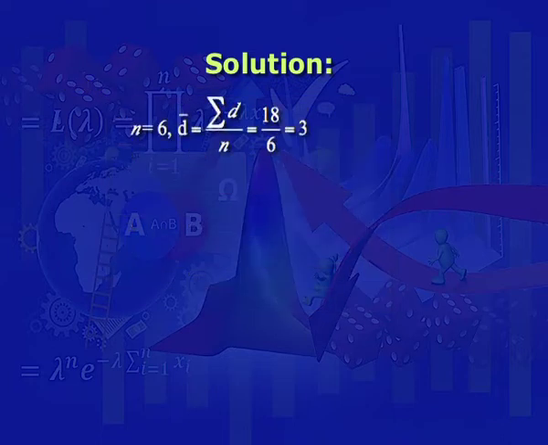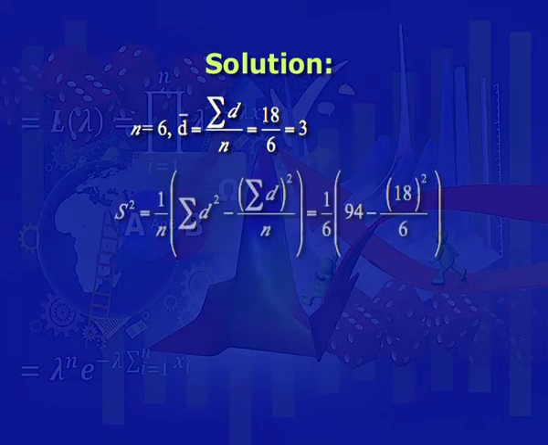Now, from the given data and above table, we find sample size n equal to 6, average value of the difference d bar, which is summation d divided by n, equal to 18 divided by 6, which is equal to 3, s square equal to 1 upon n summation d square minus square of summation d divided by n.